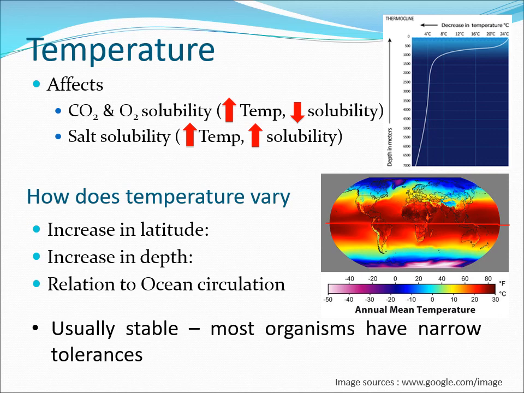Even in the tropical areas, temperature below a certain depth within the ocean water bodies is sufficiently cold. You can see this vertical depth relationship of temperature in an ocean body.